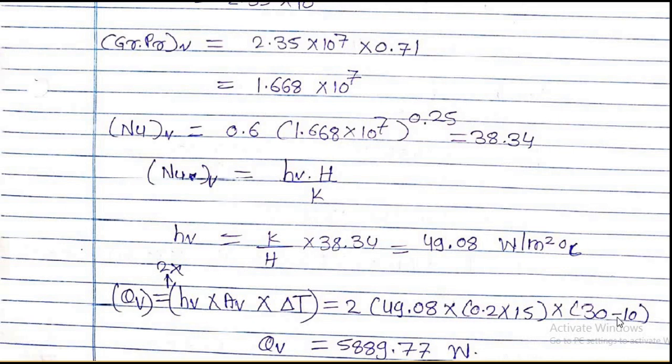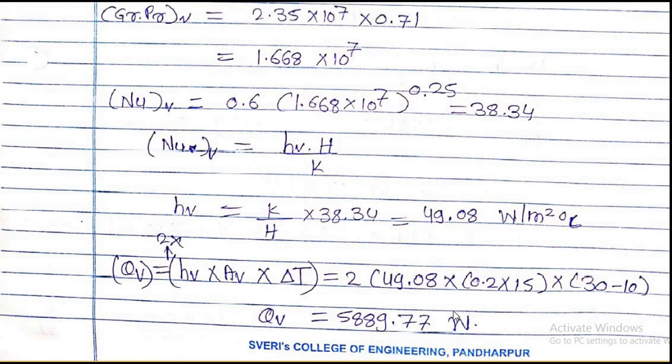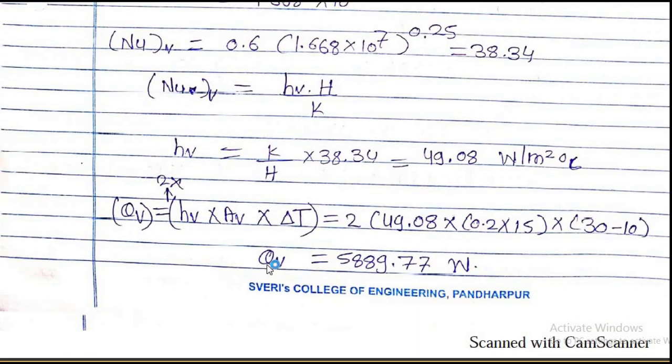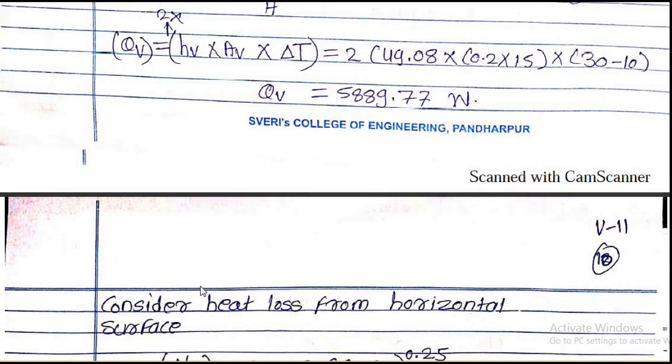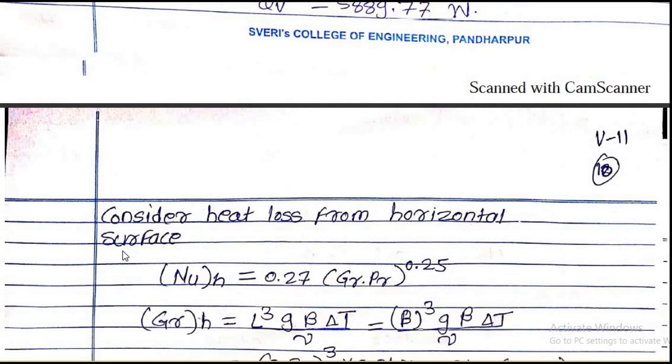The air temperature is 30 and the duct temperature is 10, so 30 minus 10. So we get the heat gain by the vertical surface equal to 5889.77 watt.